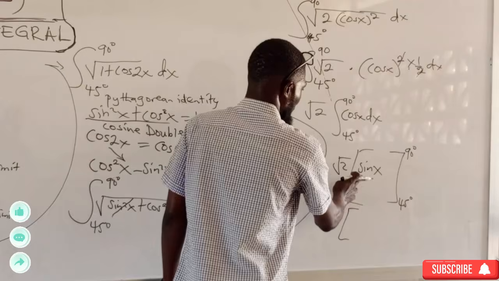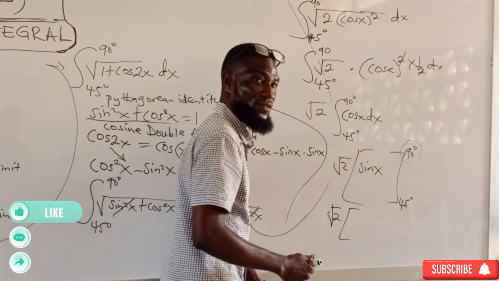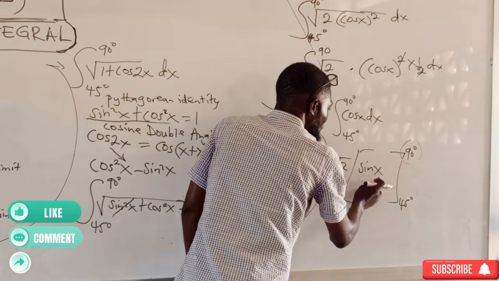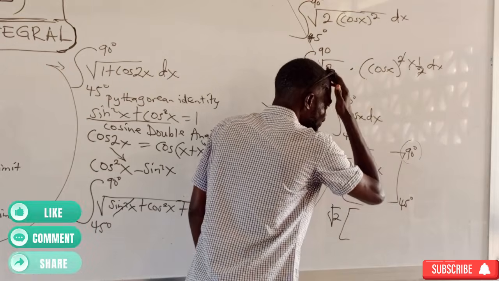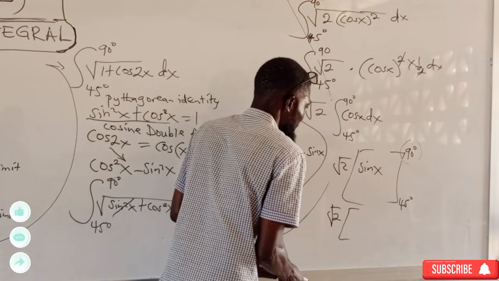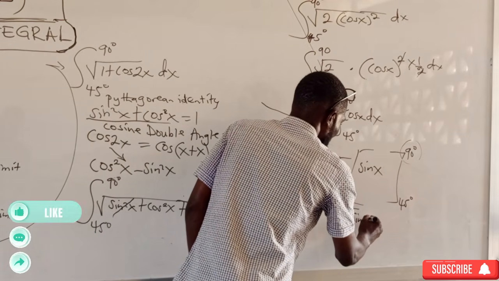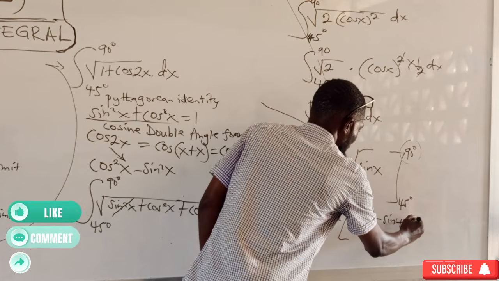Bracket open. Sin x, now x represents 90 degrees, while x represents 45 degrees. So where I see x, I'll place 90 degrees. And where I also see x, I'll place 45 degrees. And remember, the upper limit, which is 90 degrees, will be subtracting the lower limit, which is 45 degrees. So since I have sin x now, it will be represented as sin 90 degrees minus sin 45 degrees.